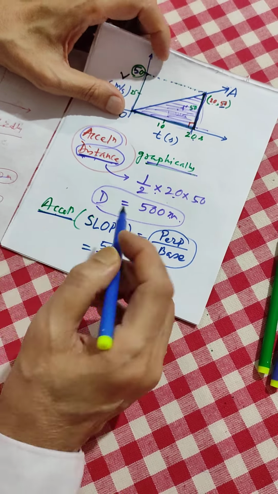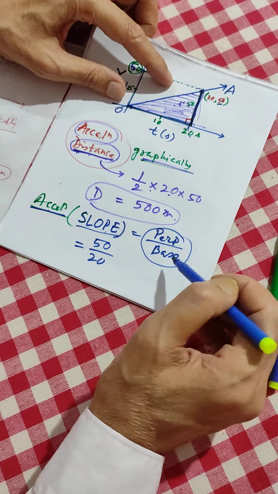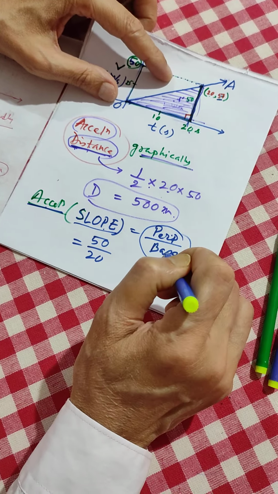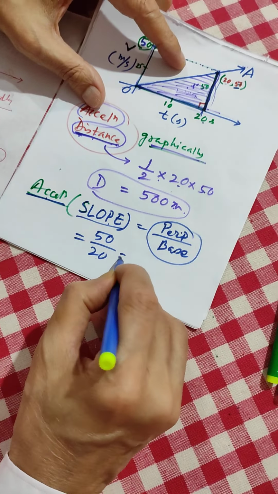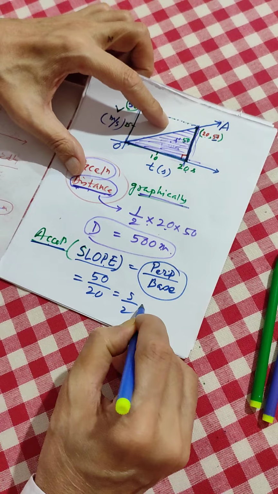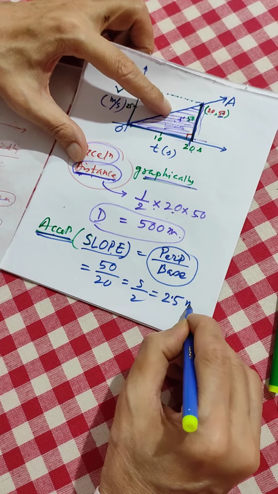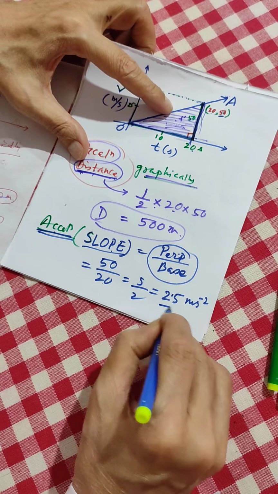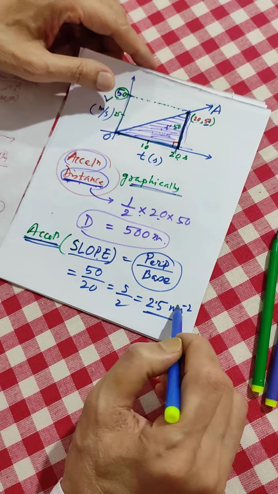So acceleration is given by the slope, and the slope of graph OA is perpendicular by base, or y coordinate by x coordinate. 50 by 20 gives 5 by 2, that is 2.5, and the unit of acceleration is meter per second square. So 2.5 meter per second square is the acceleration.